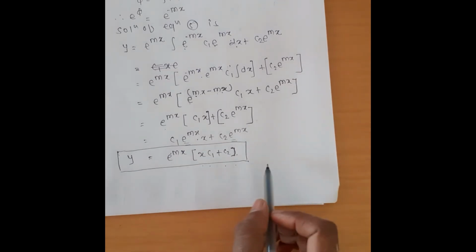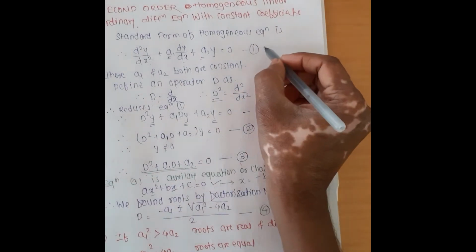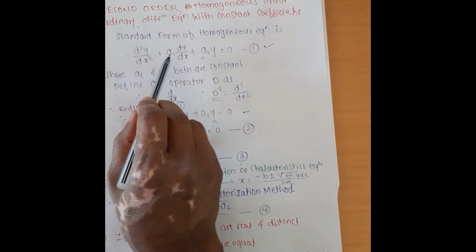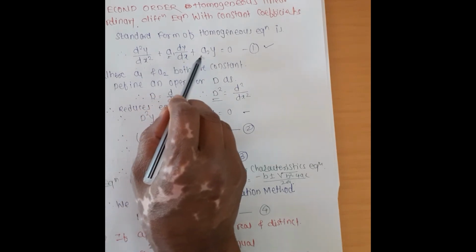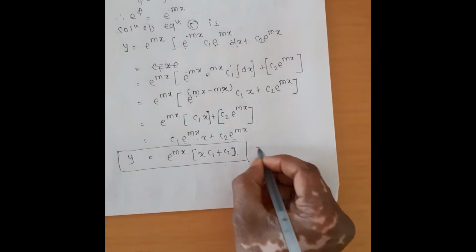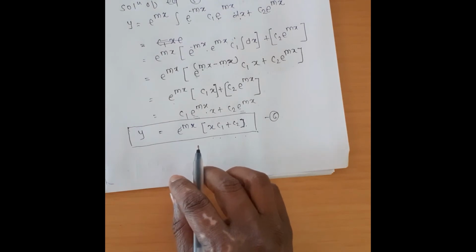So this equation also represents the solution of this equation. Those were already discussed in the previous lecture. See here, this equation 1 will be d2y upon dx square plus a1 dy by dx plus a2 of y equals 0. So equation 6 is the solution of these equations when the roots are real and equal.